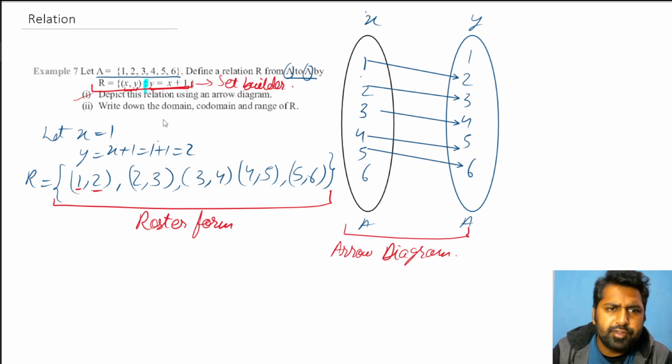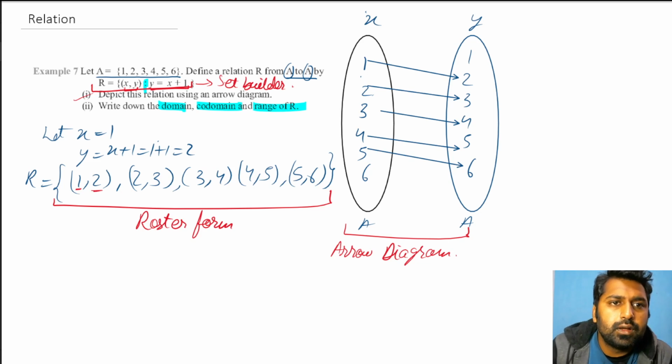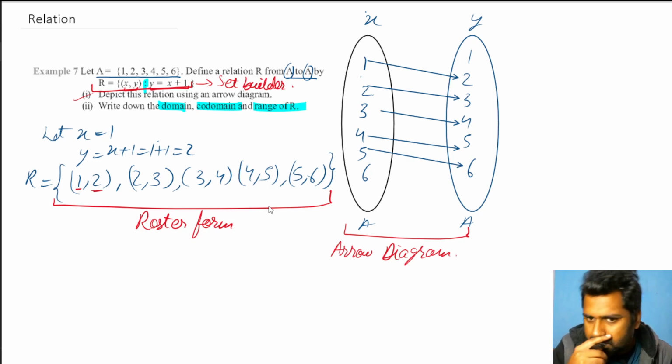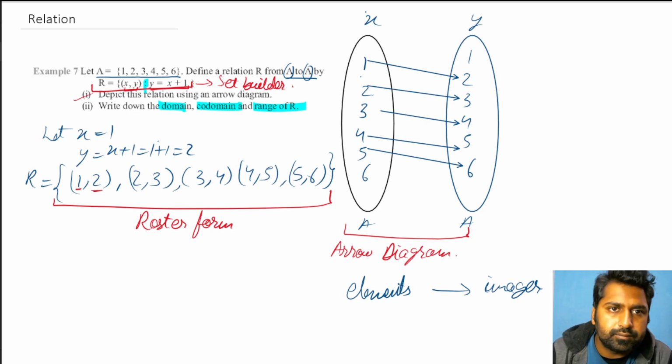Now come a few technical words: domain, codomain, and range. Before explaining that, I'll first explain a few names for these. These are called elements. These are called images. So if I say that 1 is the element, what is the image of 1?